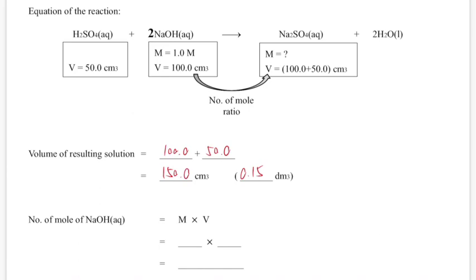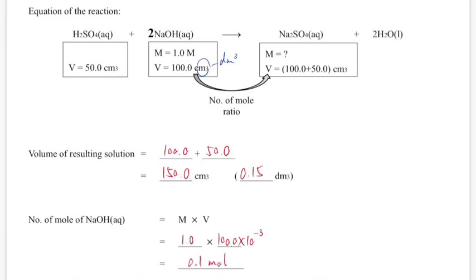So it would be the molarity of the sodium hydroxide multiplied by the volume of the sodium hydroxide. Remember, we need to do unit conversion. So molarity 1.0 and the volume is 100 multiplied by 10 to the power of minus 3. So it will be 0.1 mole.